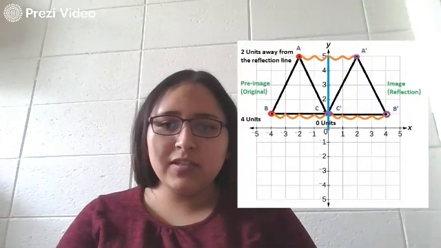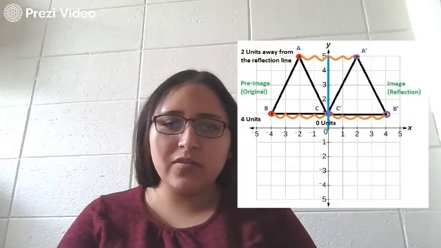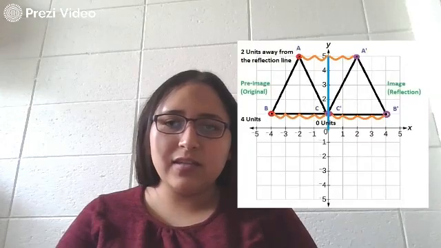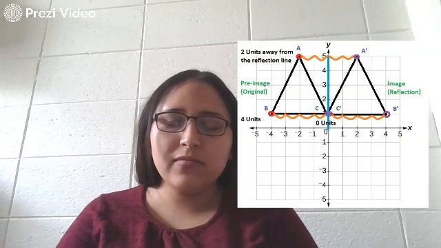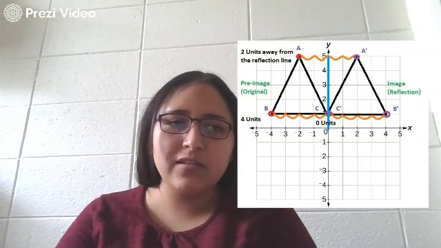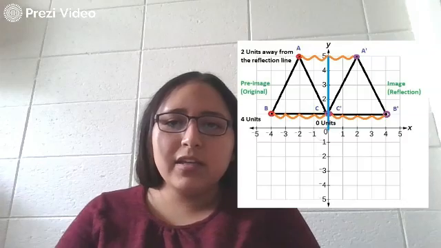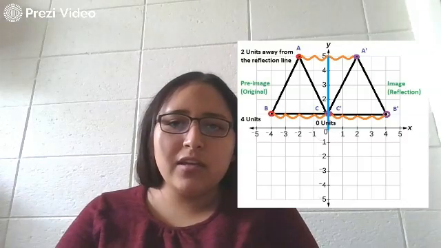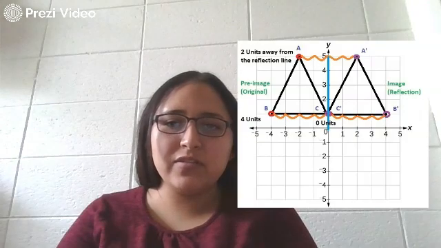Now, if you're assigned to find the reflection of a figure, it is exactly the same process. First, you identify the reflection line, in this case the y-axis, the blue line. Second, you choose a point and then count how many units the point is away from the line of reflection.